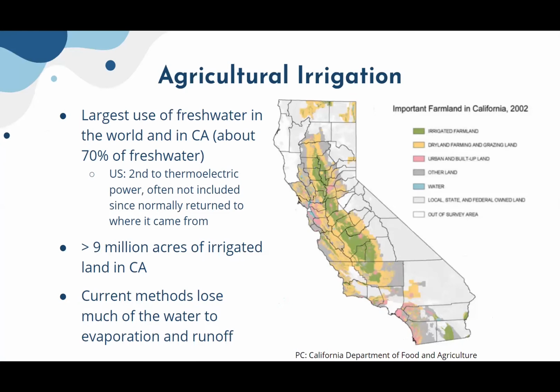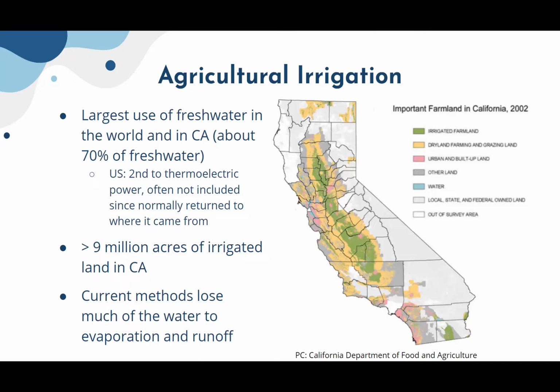And also in California, it takes up about 70% of our freshwater withdrawals. In the US, it is the second largest use, and that's because of thermoelectric power plants. They use it to cool the electricity generating equipment. However, sometimes that isn't included in the count of freshwater withdrawals, since that water is normally returned to where it came from. So it's not necessarily withdrawing it to use it. They just use it and then return it.